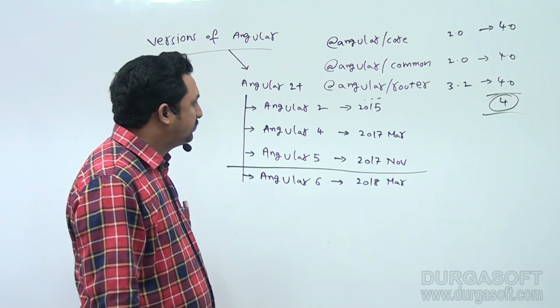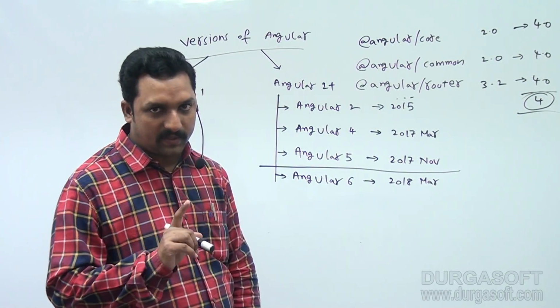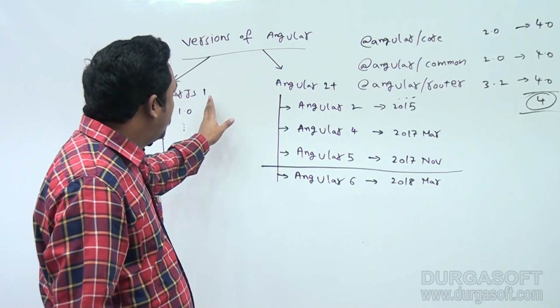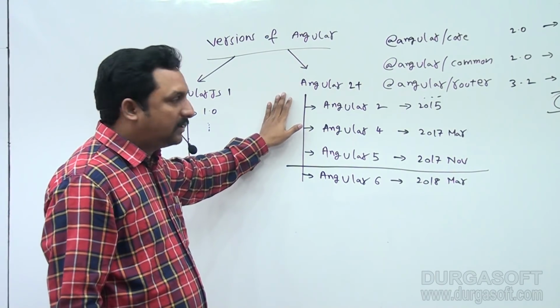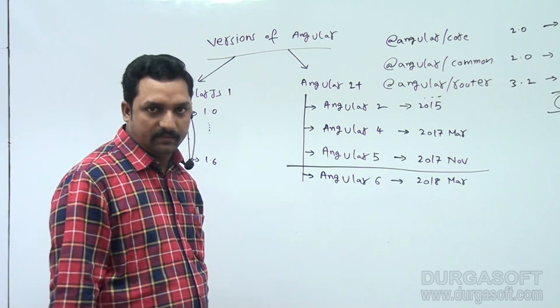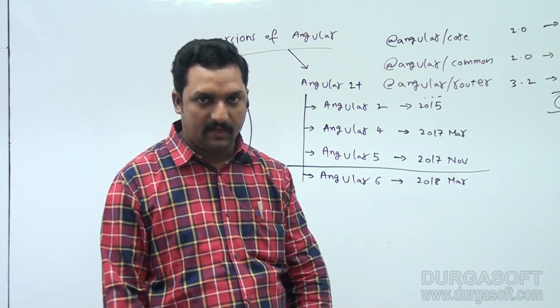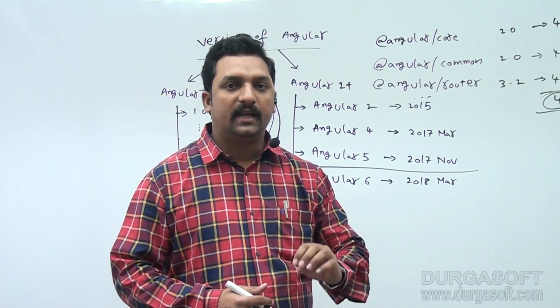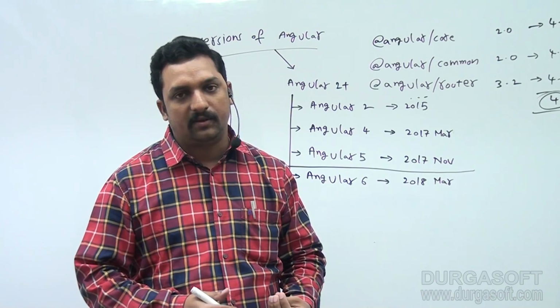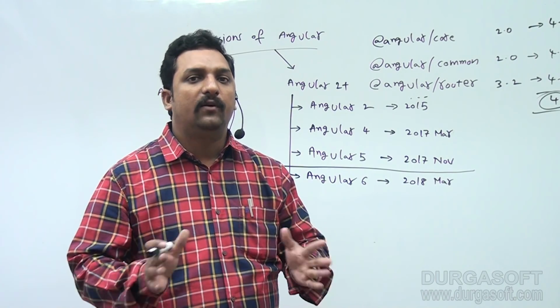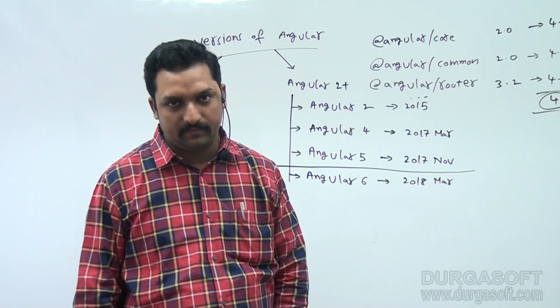Okay, that's fine. But the surprising point is, if you compare Angular 1 and Angular 2, the coding is entirely different. The concepts are entirely different. The language is entirely different. The data binding mechanism, syntaxes and execution flow are entirely different. Overall, it is a completely different framework.